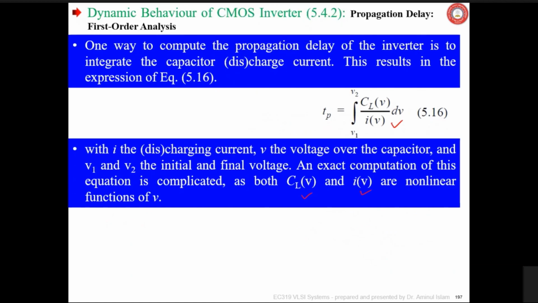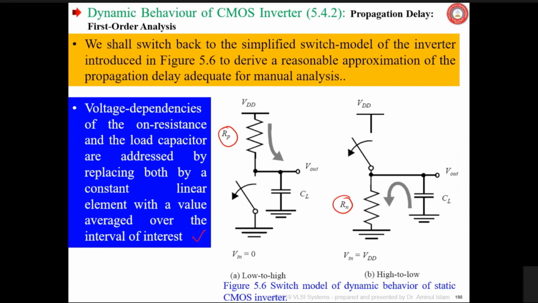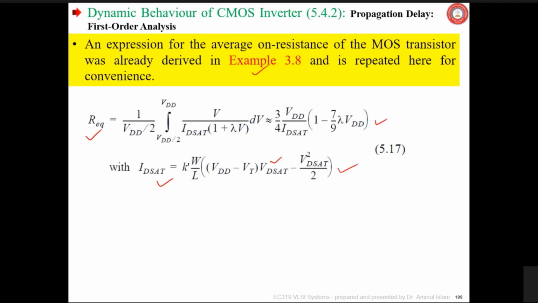Going further, the same thing, TP, can also be computed in this way. And Rp, Rn again coming here. Whatever I was talking about is here. So I'm just keeping it; if you are taking the snapshot, take it. I'm going ahead. Then the equivalent resistance, how it can be calculated with the current equation, is given here. So see that.